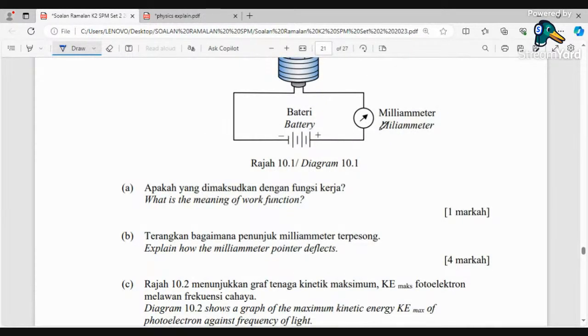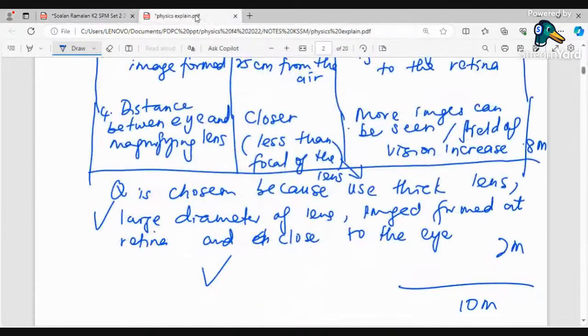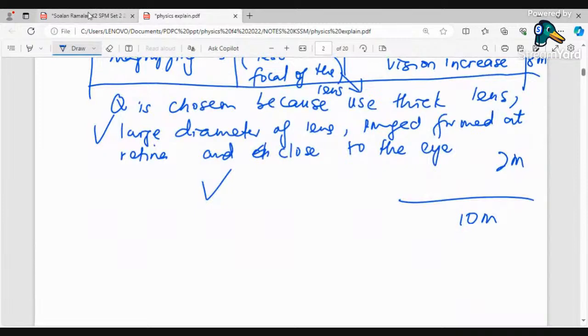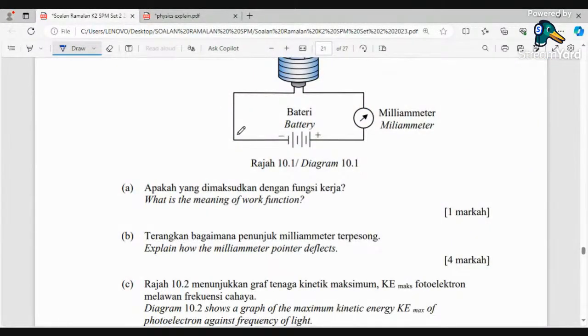What is the meaning of work function? Okay, saya tulis ni masing-masing.